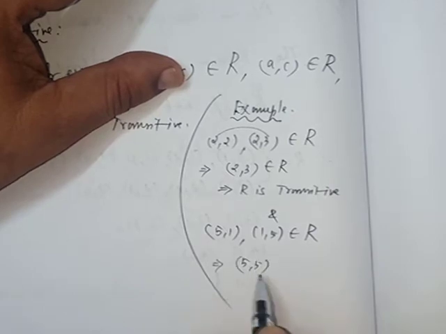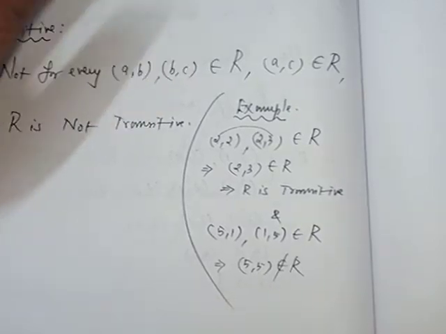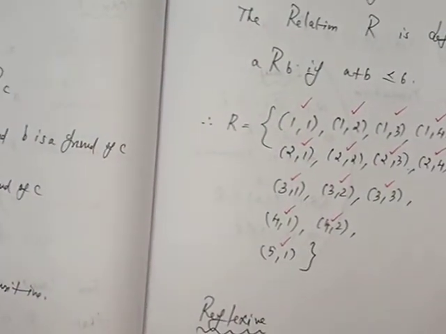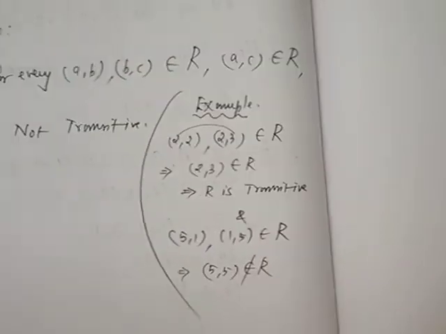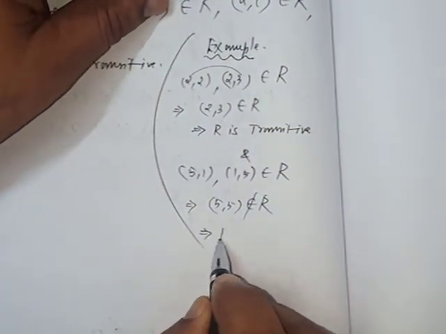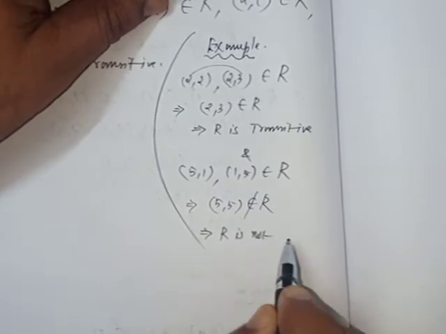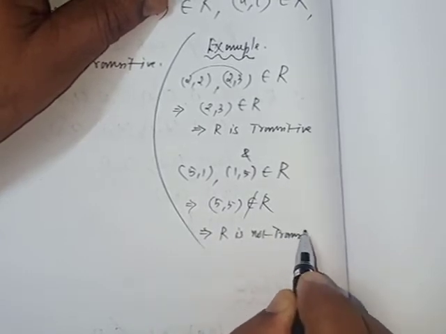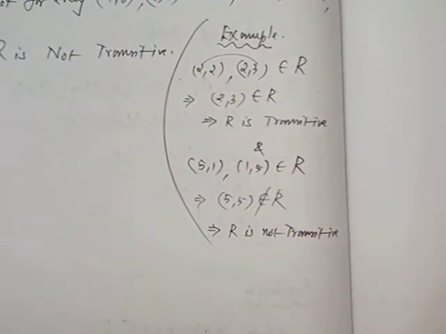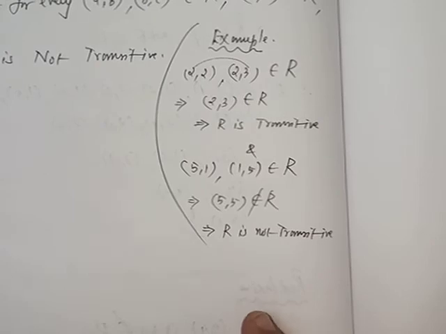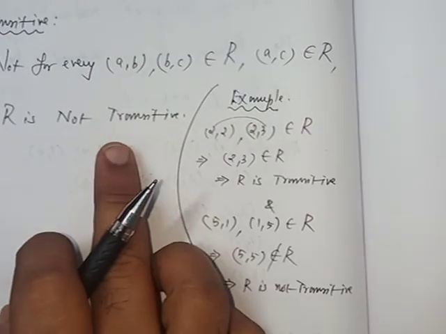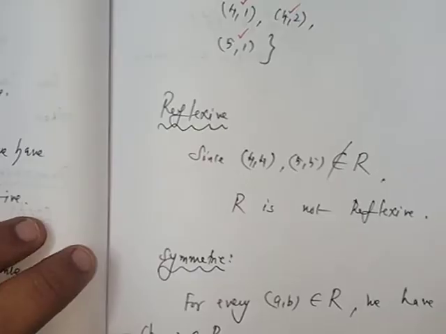But 5 comma 5 doesn't belong to R. Look at that R, there is no 5 comma 5 at all. So in that case we can say R is not transitive. Already I told you, if in any one case it is possible to prove not transitive, the final result is not transitive only.